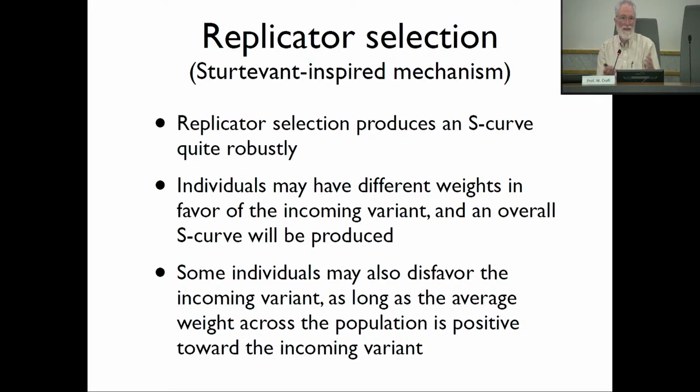As long as you have enough people who have a positive evaluation of a variant, some more so, some less so, some not, you'll still get the S-curve at the overall society level. So it's very robust.